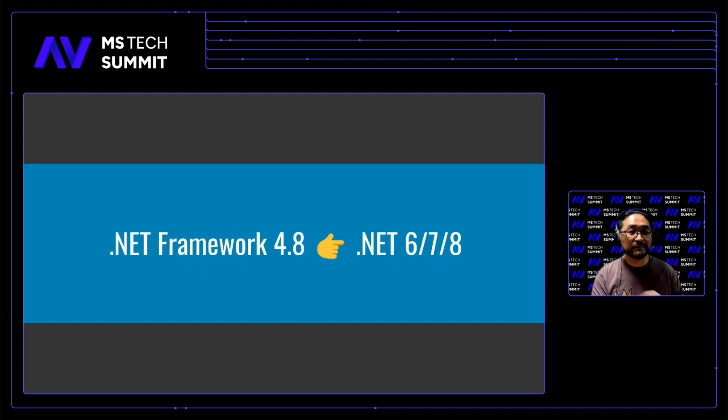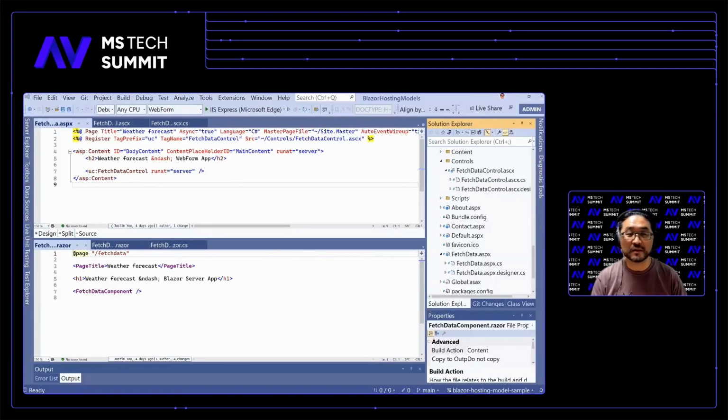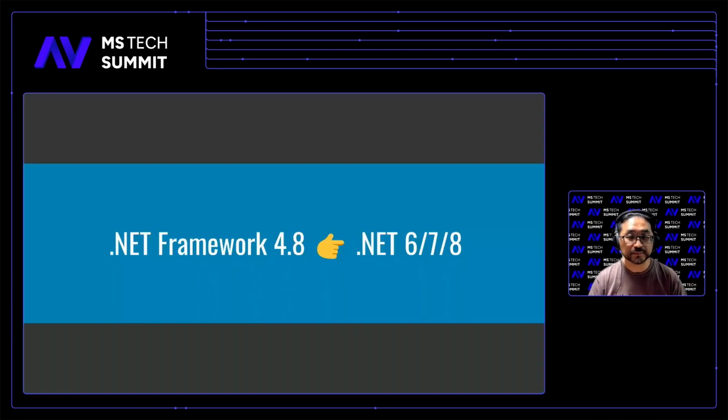And after you complete migration, your organization will unlock more features, which are only supported on .NET 6, 7, and 8. And .NET Framework 4.8 is only in maintenance mode. So you will not get more fancy features anymore.